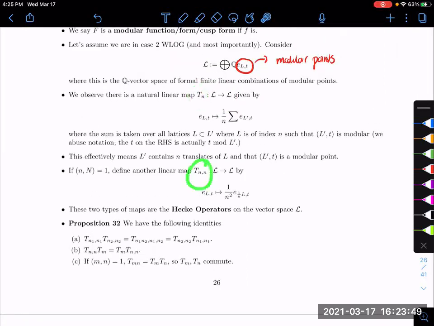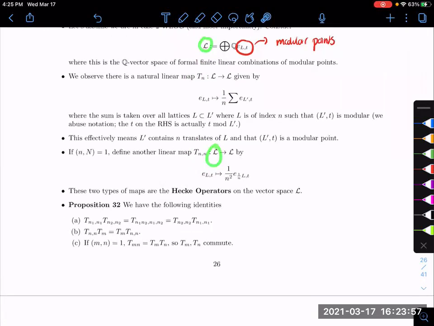There's another type. The other type is T sub (n, n), and it's still an operator on the space L. However, we're only going to really define it when little n and big N are coprime. And here's what it is. Again, I just need to tell you what it does to individual modular points.